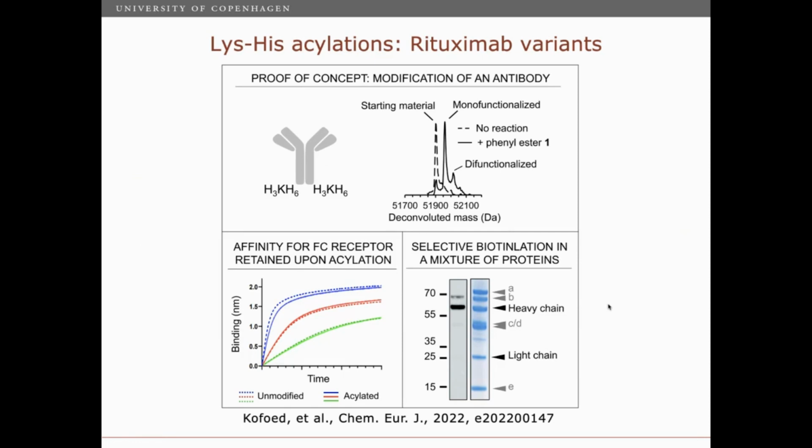You're right that polyHis sequences can occur in nature. They are relatively rare, but they can occur in nature. So there is a scenario where you would inadvertently acylate near a naturally occurring polyHis segment, but they tend to be rare.